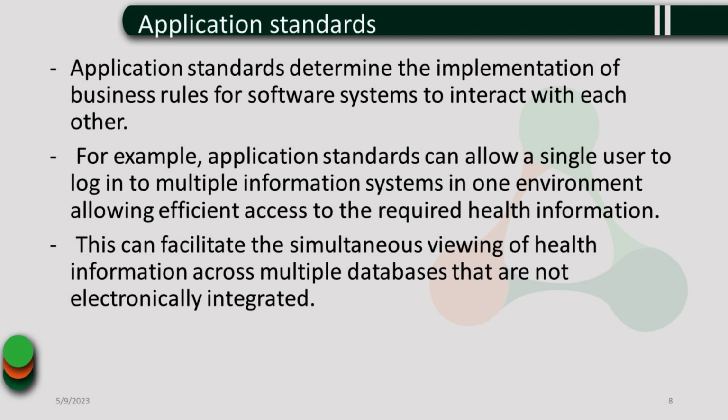For example, the CEN standard ENV 12967, Healthcare Information Systems Architecture or HISA, provides an open architecture that is independent of technical specifications and applications. This standard enables integration of common data and business logic between systems, which is achieved via a middleware layer allowing information exchange between different systems.